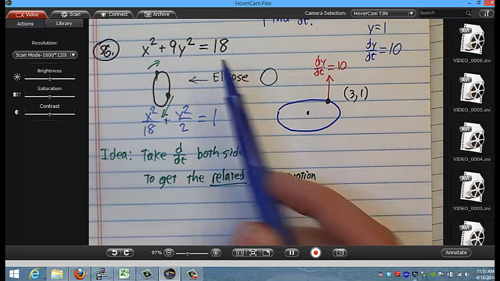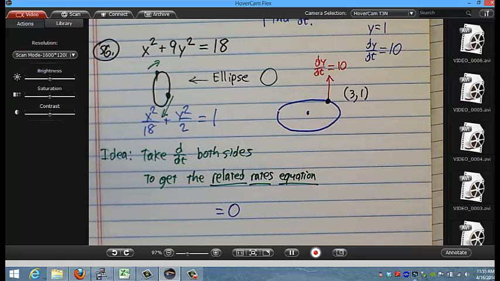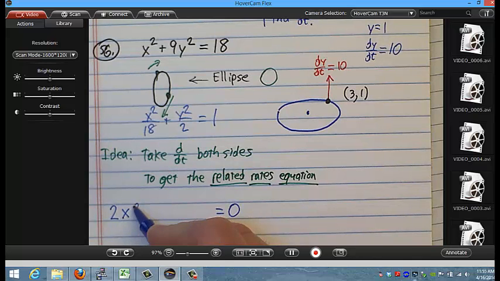Again, I'll do the right-hand side for us. That's 0, right? But the left-hand side, well, what's the derivative of x squared? It's 2x, but now I'm going to do something I didn't do last time. I'm not just going to put a 1. I'm going to write dx dt. I'm thinking of x as a function of time.